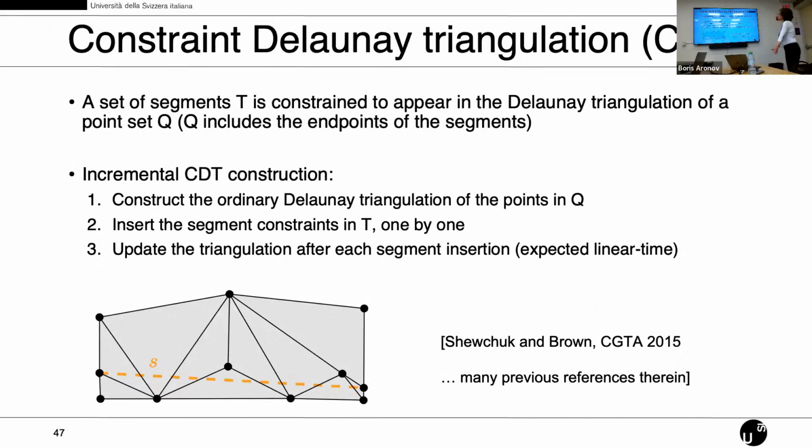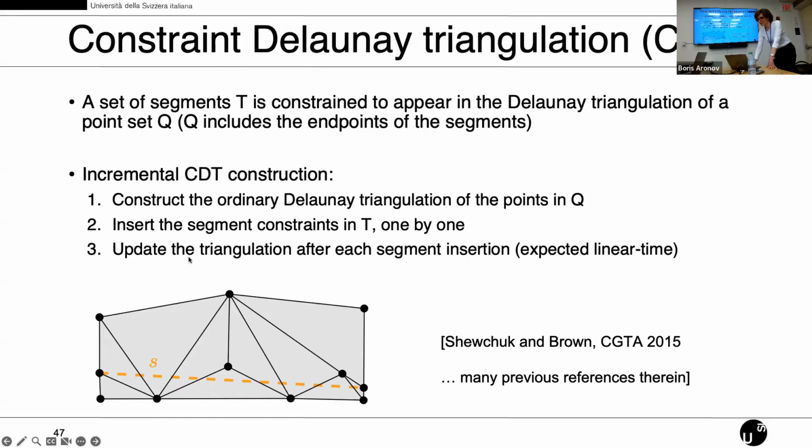So let me give another example with a constraint Delaunay triangulation. So what's the constraint Delaunay triangulation? We have a set of points Q, and a set of segments T. The set of segments are constrained to appear in the Delaunay triangulation of Q. So here is the standard incremental construction of a constraint Delaunay triangulation.